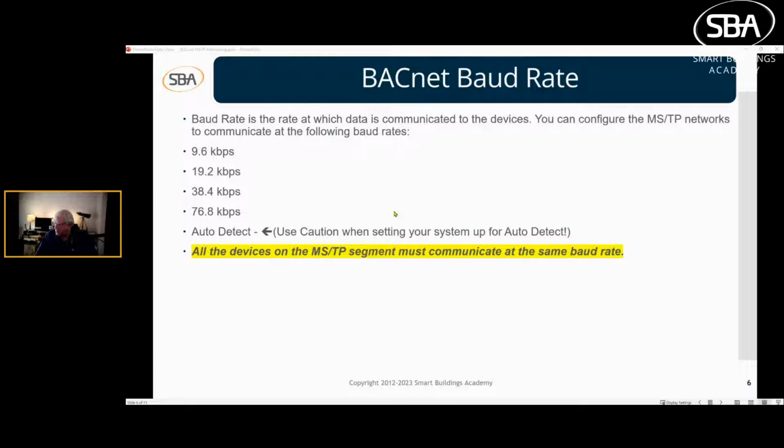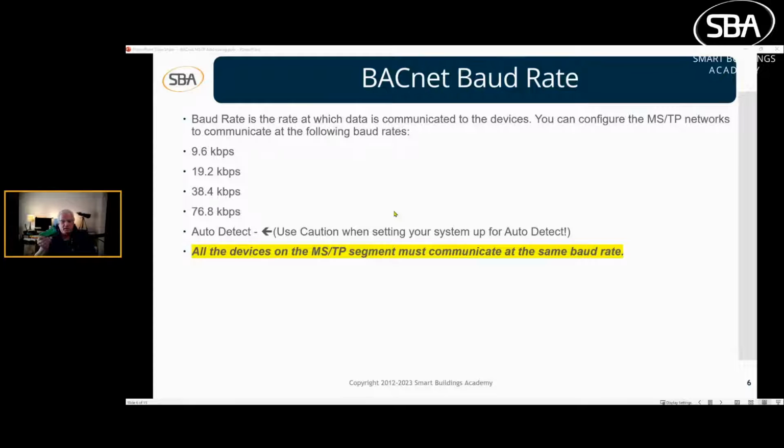So what happened was, one day, a beginning BAS person went out to this job site and wanted to talk to part of the MSTP network. And he plugged in his little communication device, but didn't find out what the baud rate was. He could have gone to the JACE and looked it up and said, oh, the baud rate is 38 for.